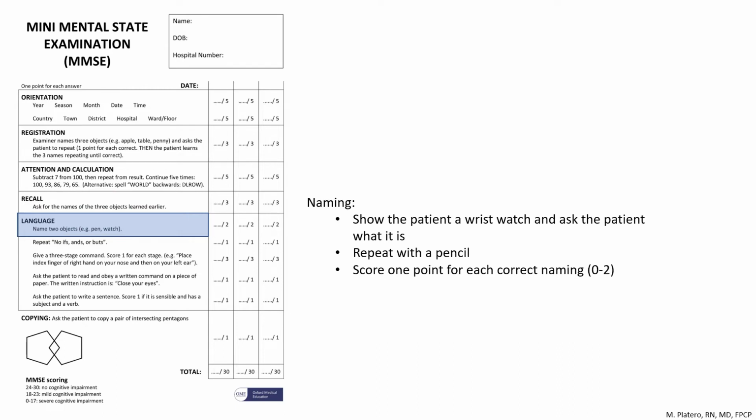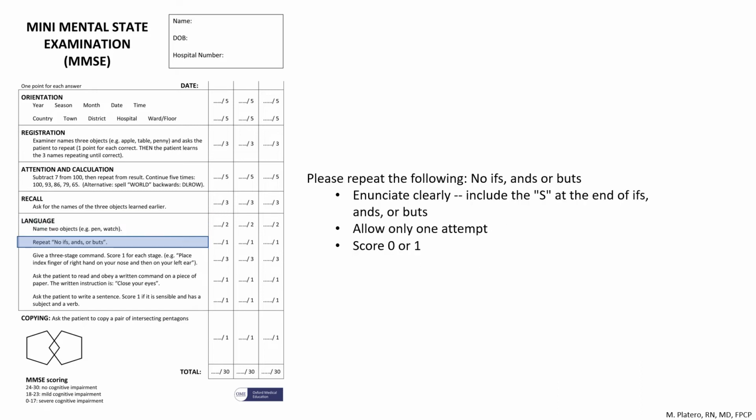For naming, you may show the patient a wristwatch and ask the patient what it is. Repeat with a pencil. Score 1 point for each correct naming. For this item, instruct the patient: Please repeat the following: no ifs, ands, or buts.